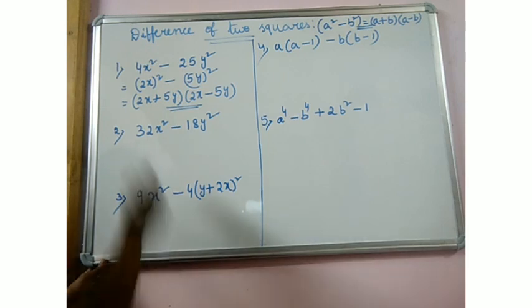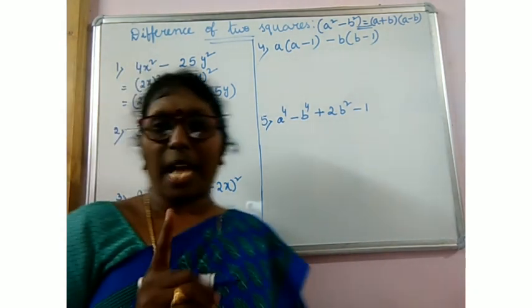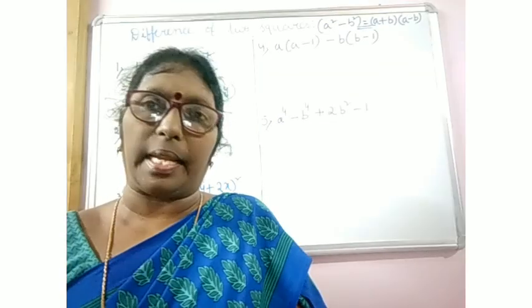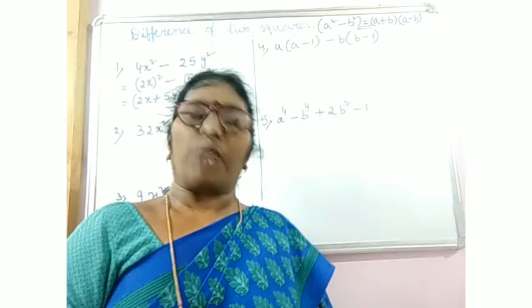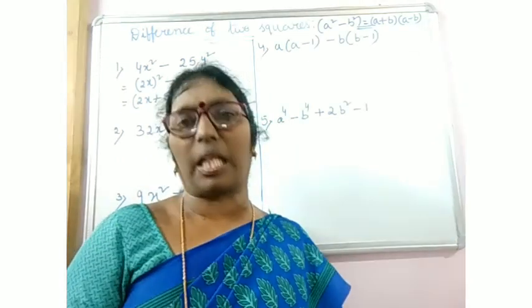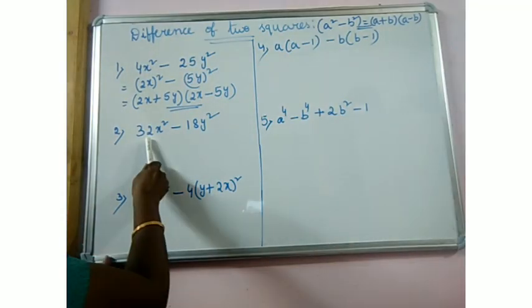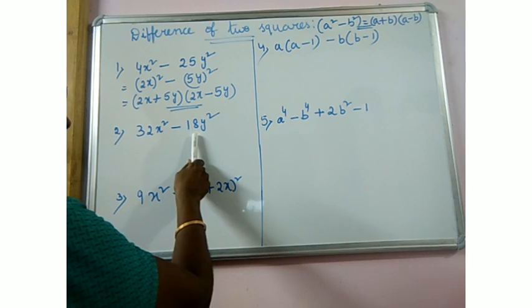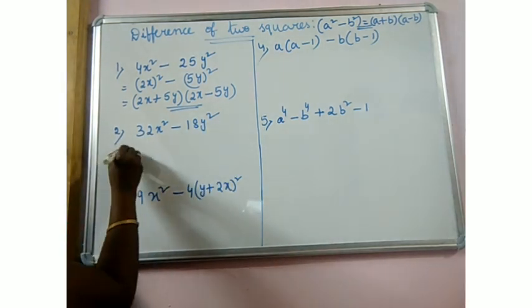Now the second one, 32x square minus 18y square. The first thing you have to remember is, whenever you have to factorize any expression, if there are common factors in the given terms, you have to take them out first. Here 32 is 2 into 16, and 18 is 2 into 9. In both, 2 is common.